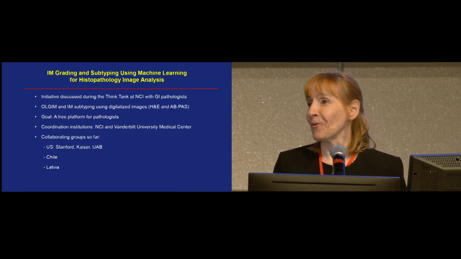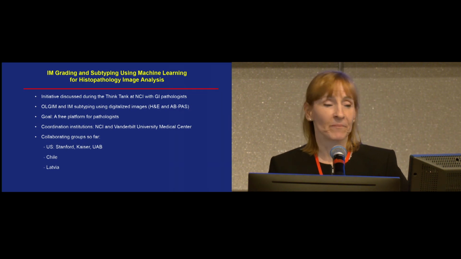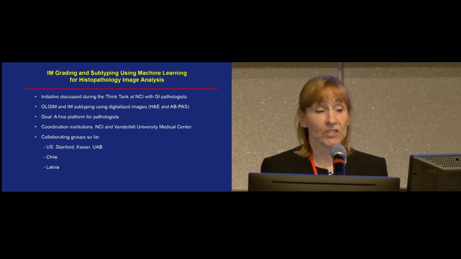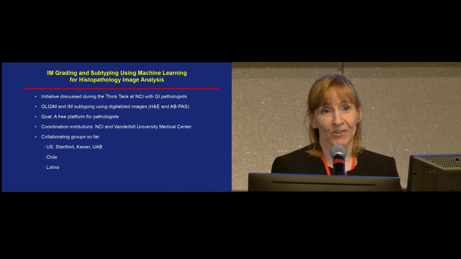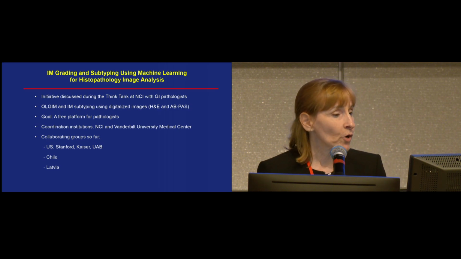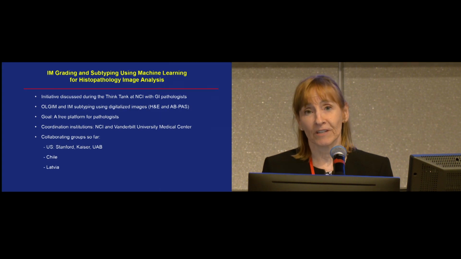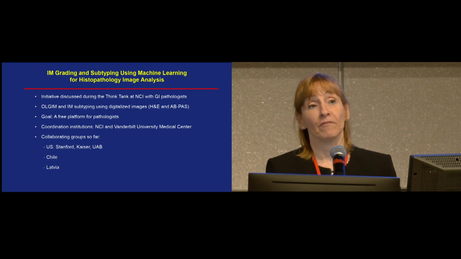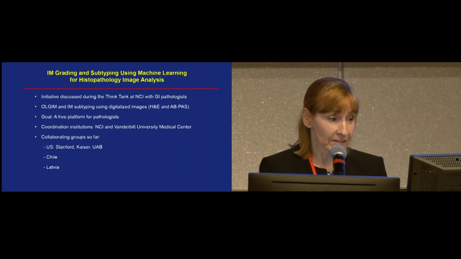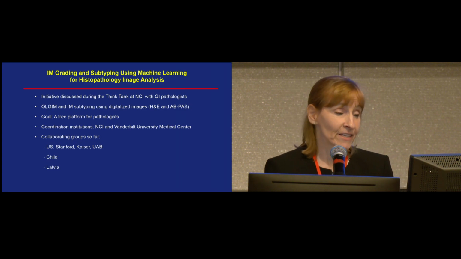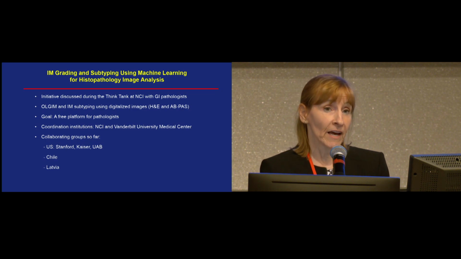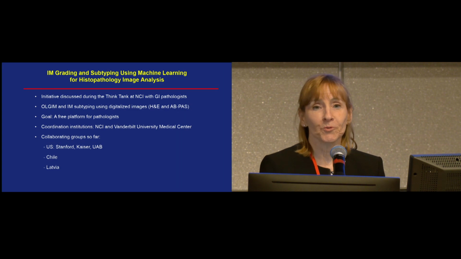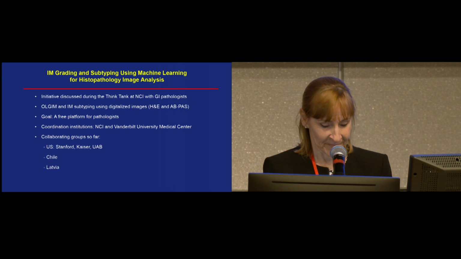Any pathologist around the world could scan the images and upload them in the platform and get an initial scoring or classification of metaplasia. The institutions that are coordinating are NCI and Vanderbilt, and there are several groups that have already expressed their interest in collaborating, such as Stanford, Kaiser, and UAB, and also groups from Chile and Latvia. And this is also open to collaboration, so whoever wants to collaborate with us, just let us know.